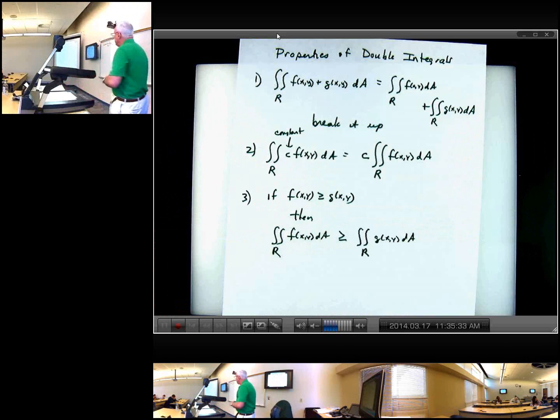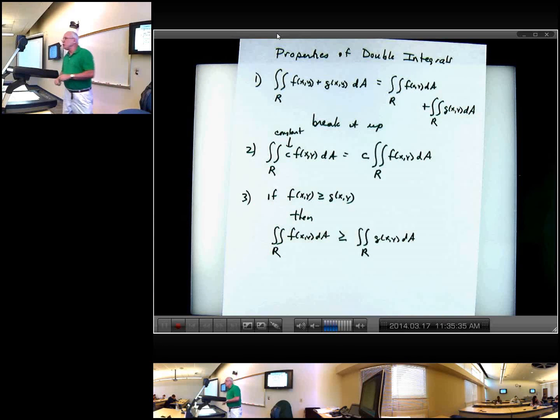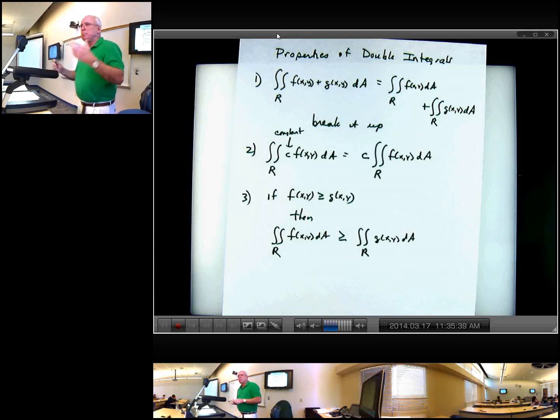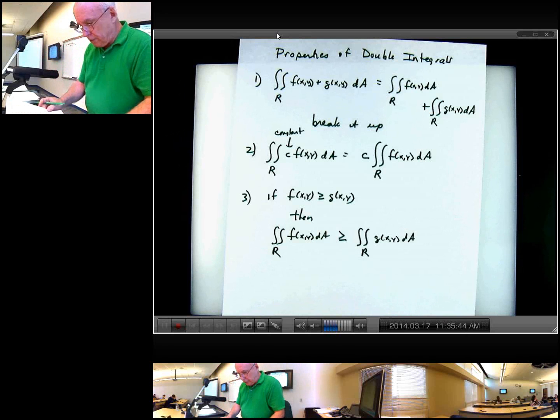And that makes intuitive sense also, because we're just adding up bigger, taller boxes, so to speak. All right, so we're going to get a bigger value.